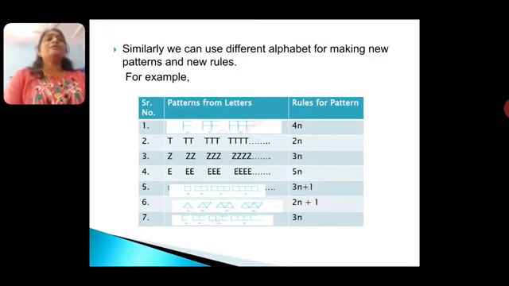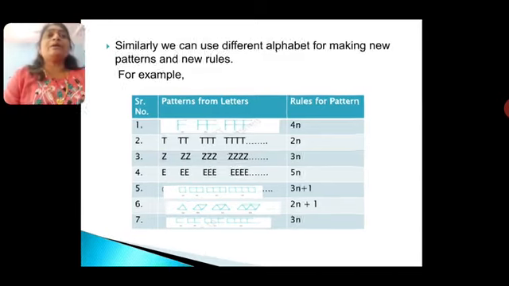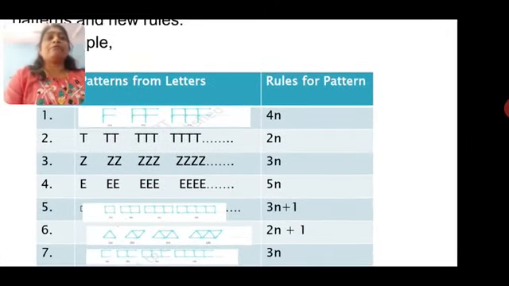Similarly, we can use different alphabet for making new patterns and new rules. For example, if we take letter F, for making letter F, we can use 4 matchsticks. For one F pattern, number of matchsticks is equal to 4.